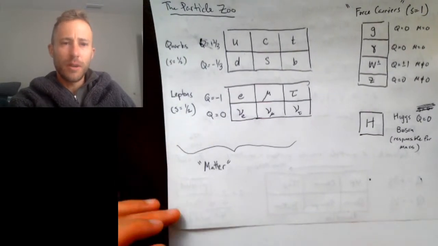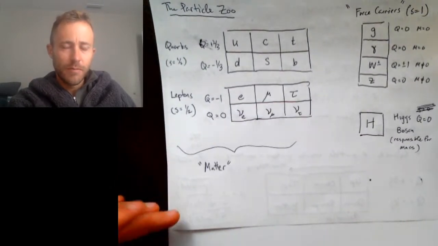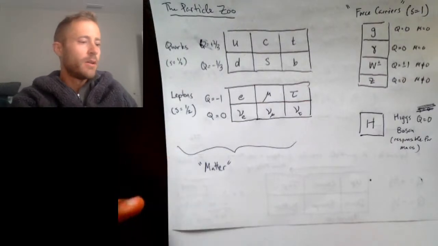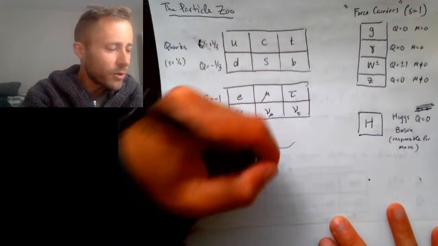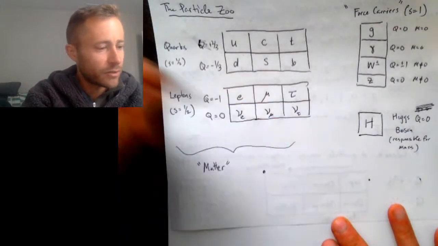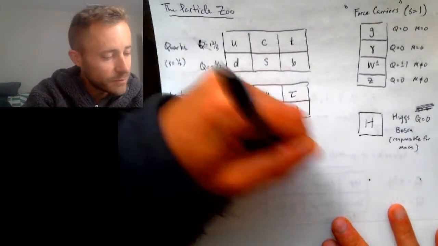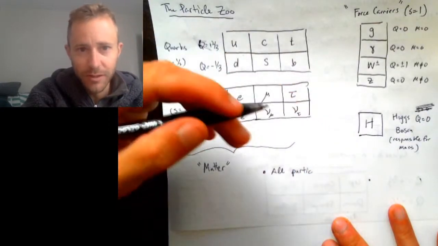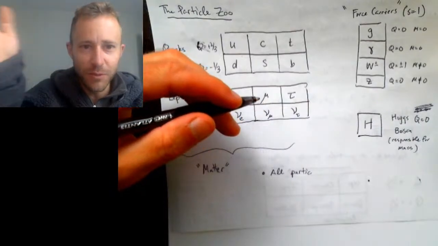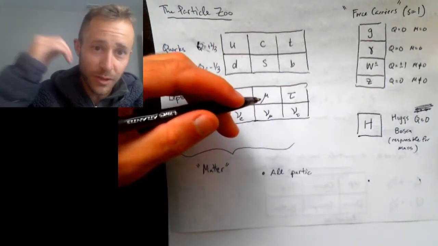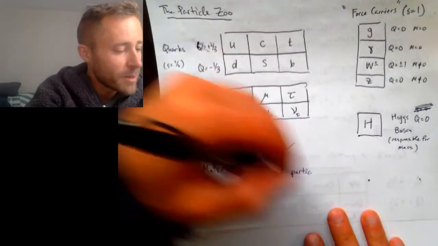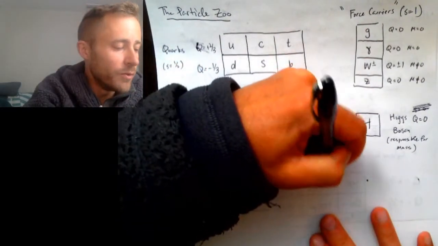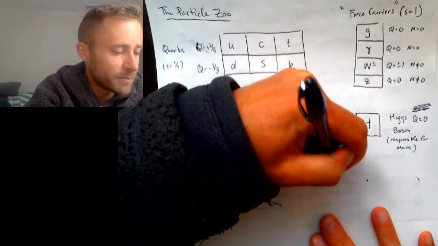Now I want to talk about who interacts with what force. All particles, even if you don't have mass, you still interact. I know that's a little bit confusing, but even if you don't have mass, you are still affected by the gravitational force. All particles move in response to gravity.